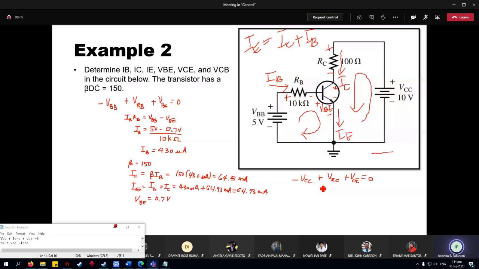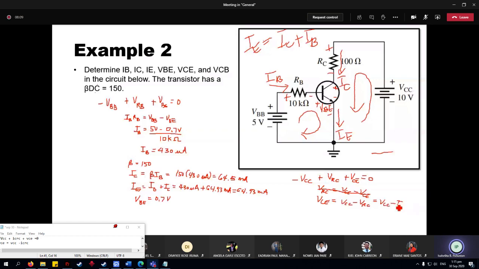So, sorry, not this. The VCE pala. VCE is equal to VCC minus VRC. And that is equal to VCC minus ICRC.